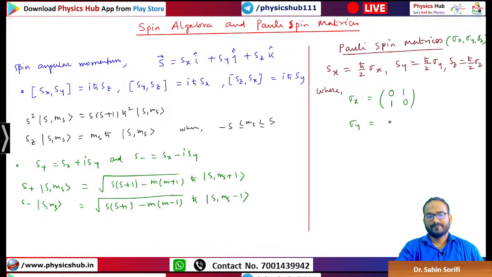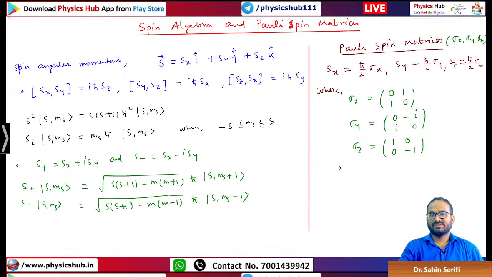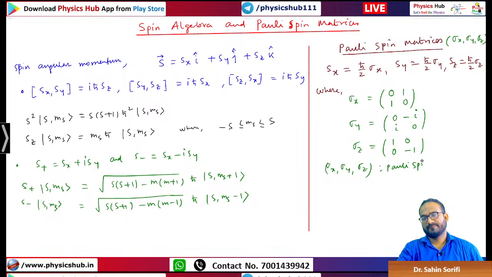Sigma y: 0, minus i, plus i, 0, and sigma z is 1, 0, 0, minus 1. So these sigma x, sigma y, sigma z are known as Pauli spin matrices.